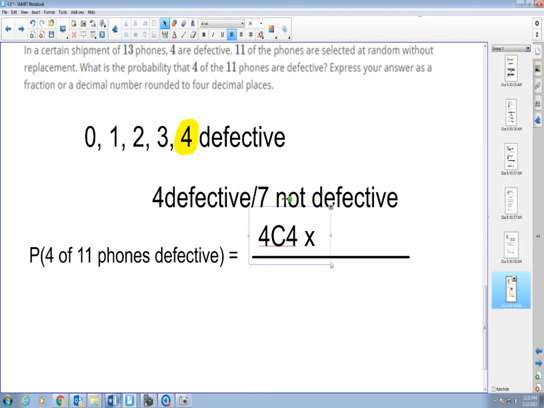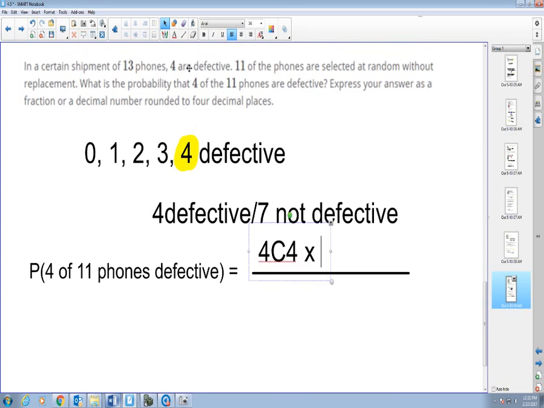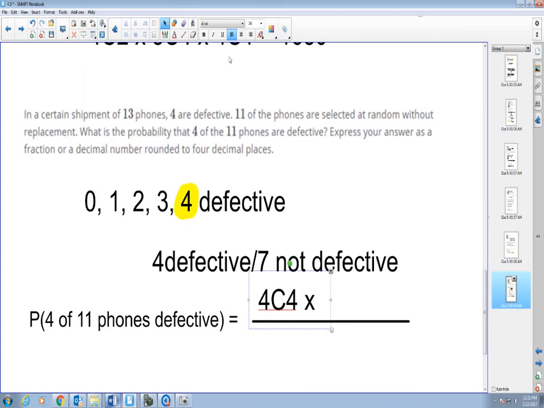If there are 13 phones total in the shipment and 4 are defective, that means there are 9 that are not defective.